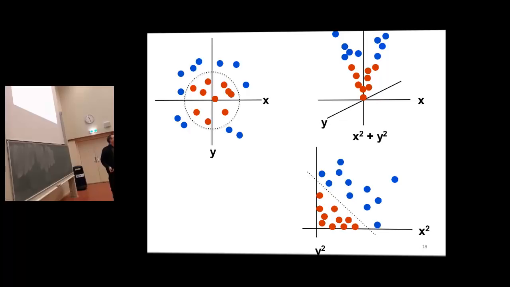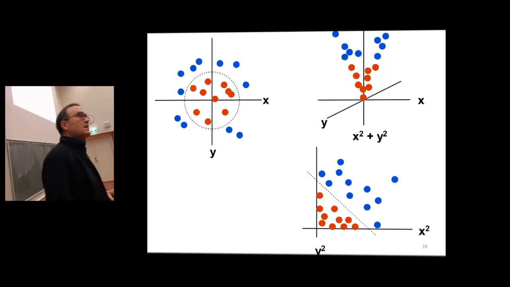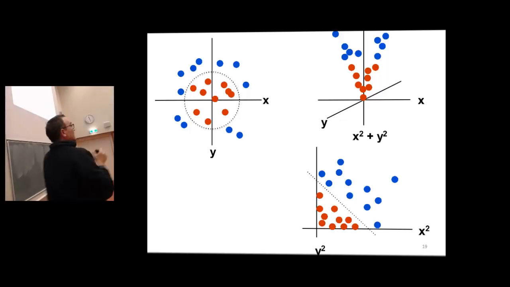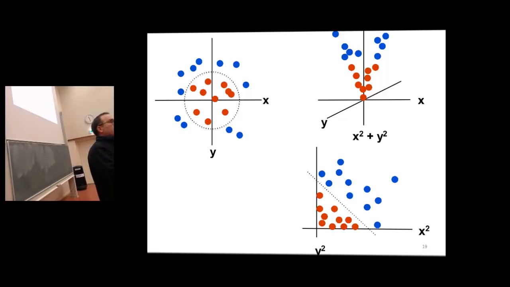But if we now add to the feature space the information x squared plus y squared, which gives us a third dimension, suddenly all the ones in the middle circle remain at the bottom of the three-dimensional space, and the blue ones go to the top. Because basically, this circle gives you the distance from the zero point.